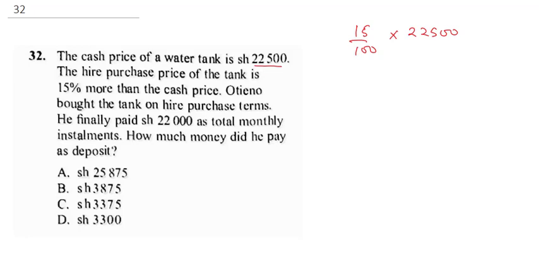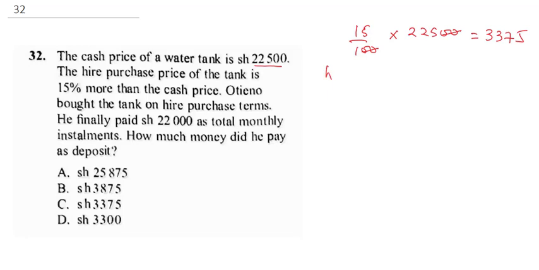The 00 is going to cancel 00. So we will be doing 225 multiplied by 15. When you multiply this, you are going to get 3375. Now this is the extra amount.